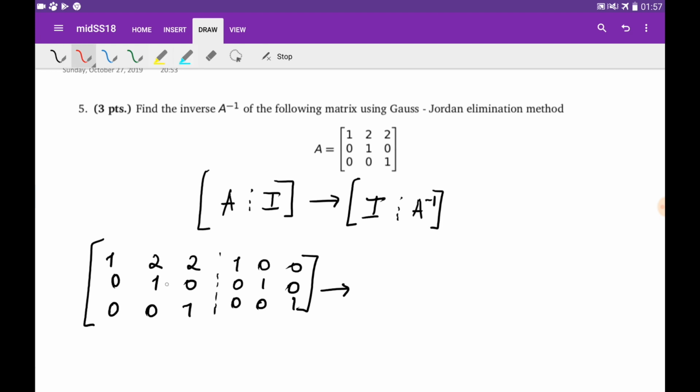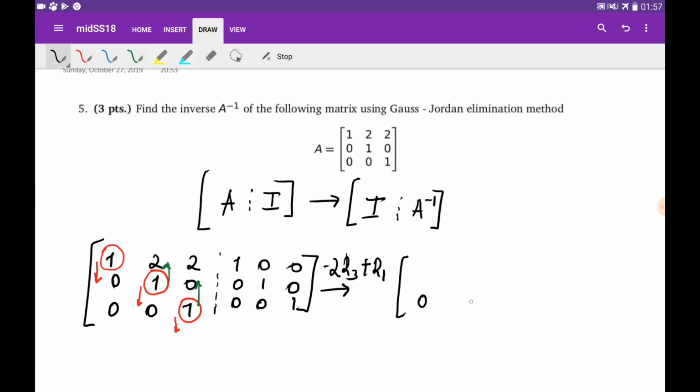We see that this matrix is already in row echelon form. So if I choose the pivots on the first, second, and third rows, all the elements below them are equal to 0. What I have to do is eliminate the elements above these pivots. In the first step, we're going to eliminate this 2. We can do this by multiplying the third row by minus 2 and adding it to the first one, which eliminates this 2 on the first row.